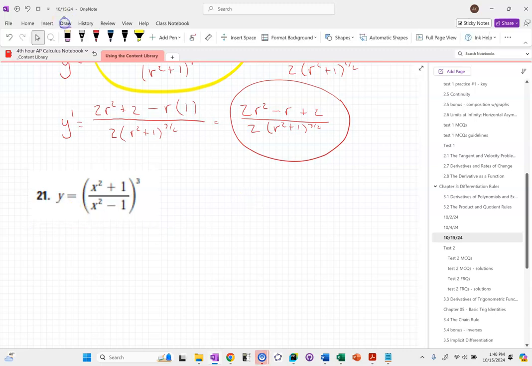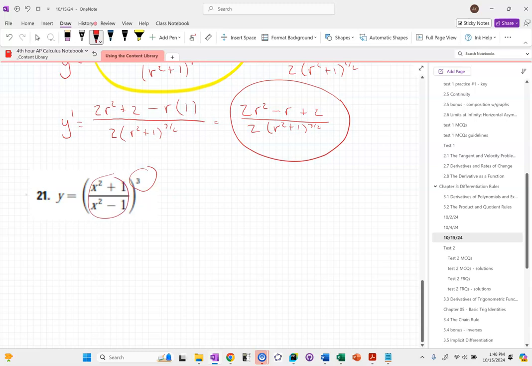Okay. So I see function composition going on here, so I know I'm going to be using the chain rule. What is the outer function for this? The outer function is the x cubed, and the inner function is this quotient, right?